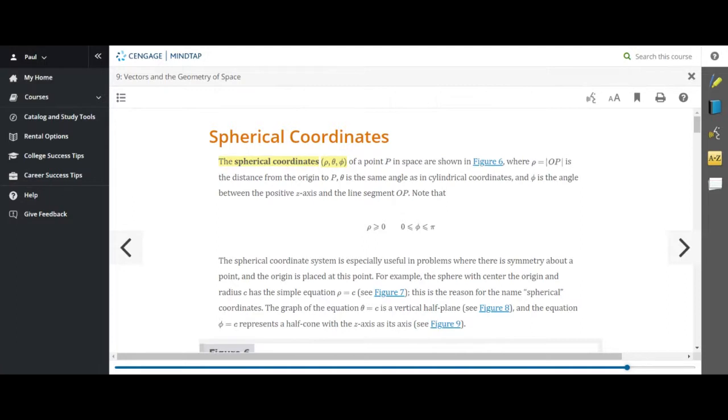You have an angle theta. Now, theta is the same as what you know theta to be. And then you have this third angle called phi.